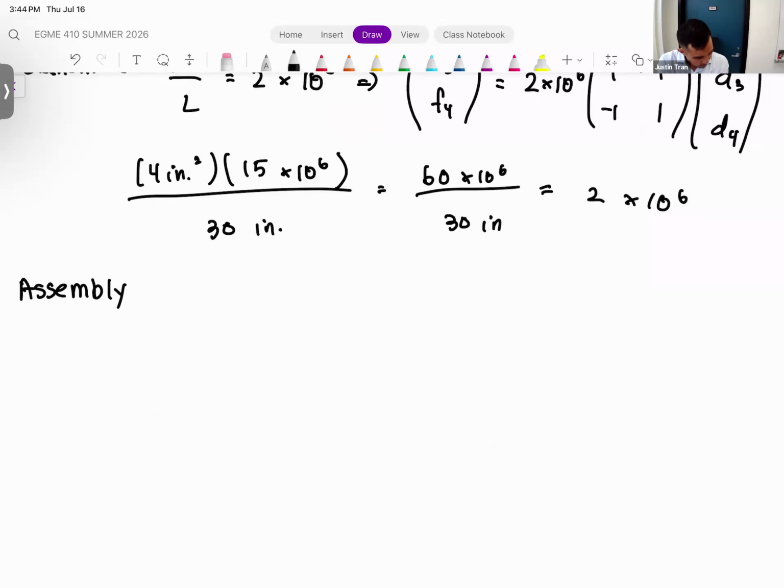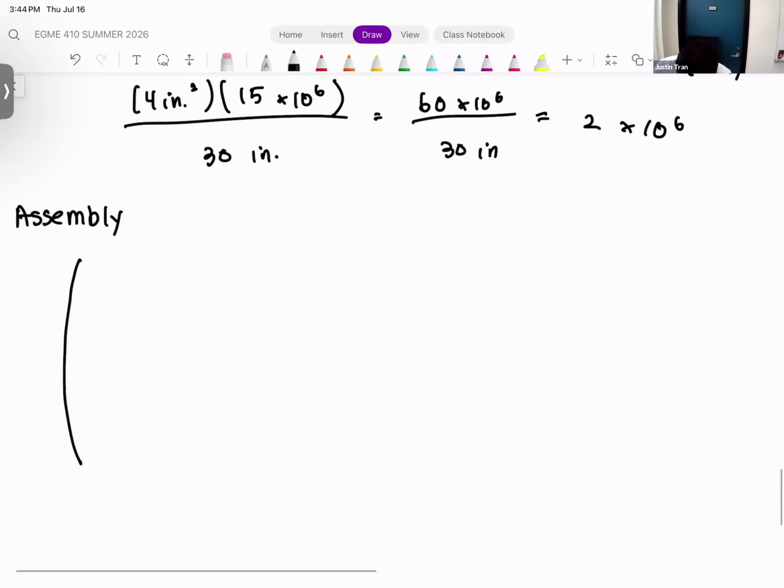For assembly, remember, we're going to be constructing our global linear system because we want one linear system that incorporates all of our degrees of freedom, for nodes 1, 2, 3, and 4. So that means our global linear system here will be 4 by 4. Let's keep it consistent with the way we have.